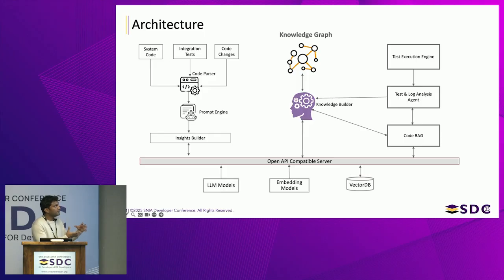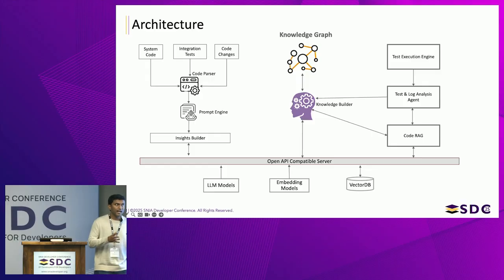Then we run this code into a prompt engine. We have predefined prompts, like in the previous slide, the way I explained, and the insights that we extracted out of the function come from all the predefined prompts that we have. So with these predefined prompts, given a function, we try to extract more and more details about the function in conjunction with the test.